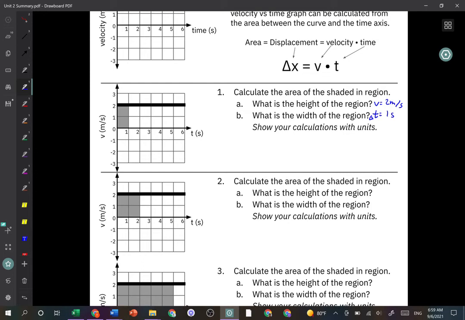So my area is going to be equal to my height times my width, which is going to be equal to 2 meters per second times 1 second. So my area is 2 meters.